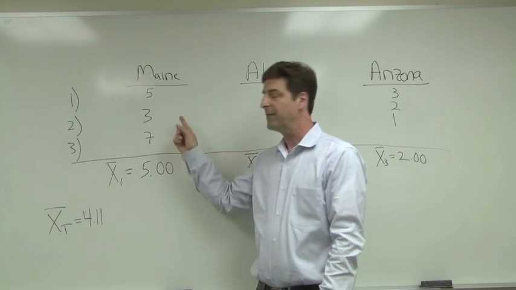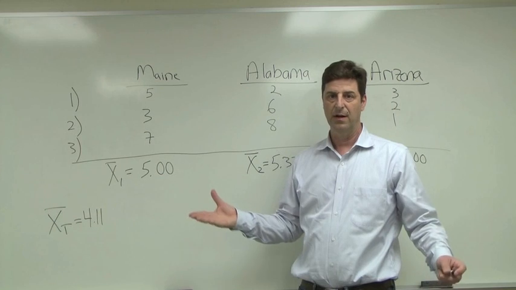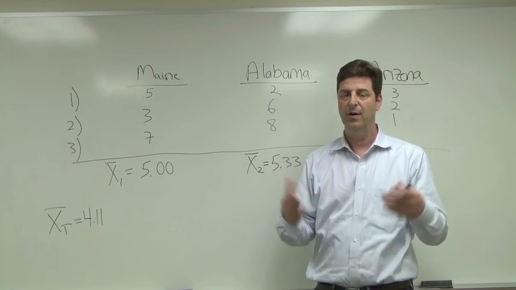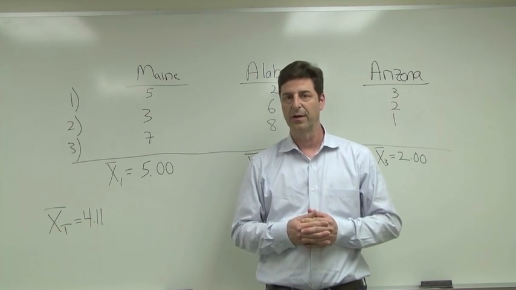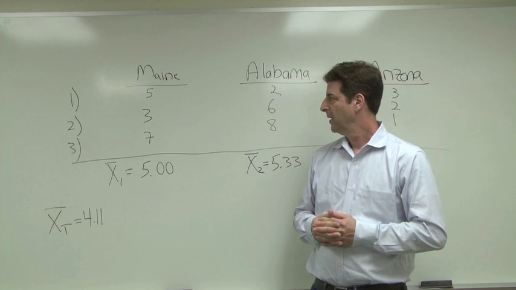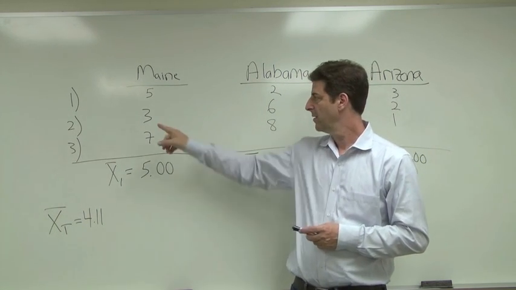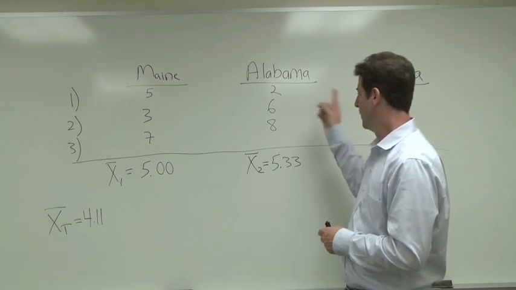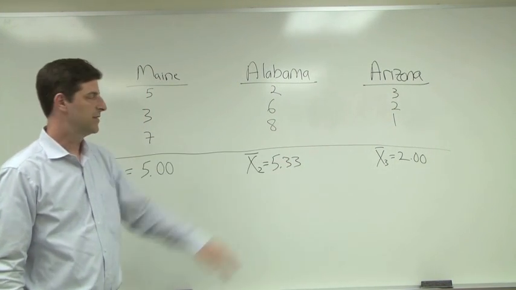And what we have here is how many hours per day each kid spent looking at a computer screen, be it on a phone, a tablet, or a personal computer. First kid in Maine spent 5 hours, second kid spent 3, third kid spent 7, and so on. So we have the raw data from each of these 3 states.